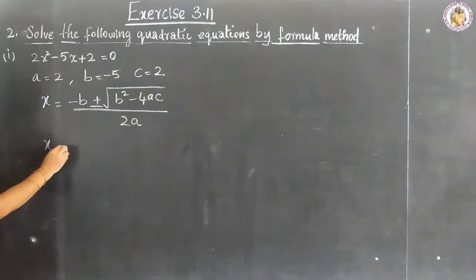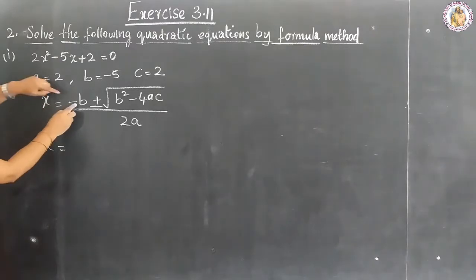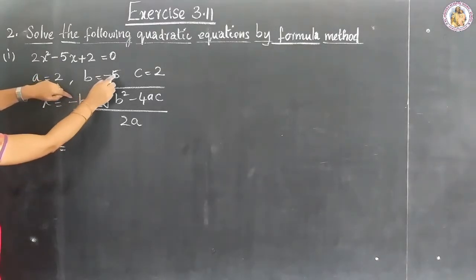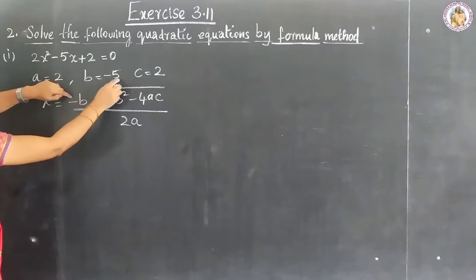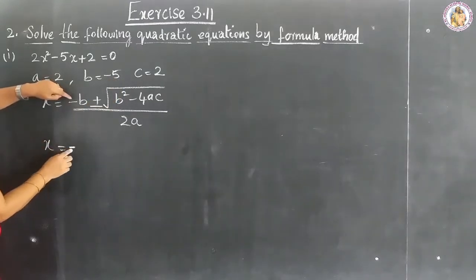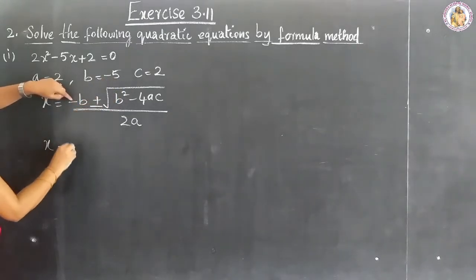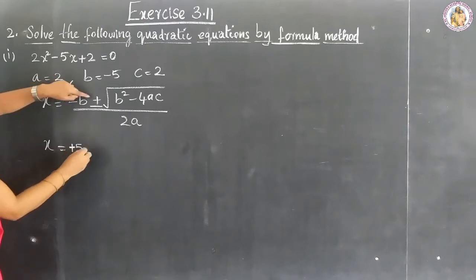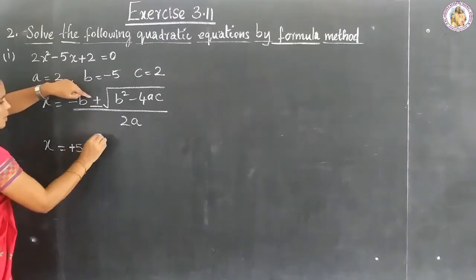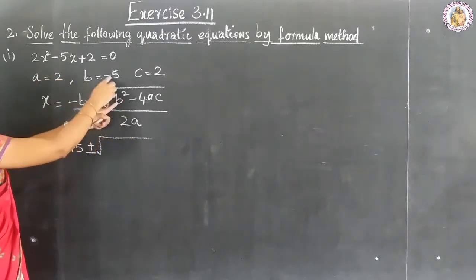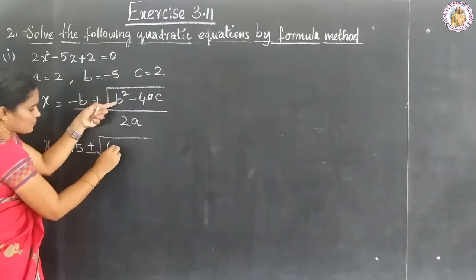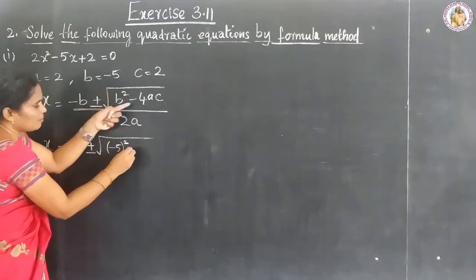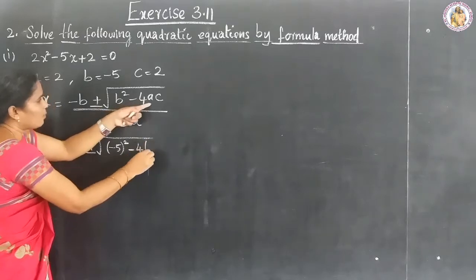So x is equal to, now substitute the values, minus b. So here we have value as minus 5. So minus b, when it comes here it becomes plus 5, and plus or minus square root of b square. B is minus 5, so square, minus 4a. What is a?